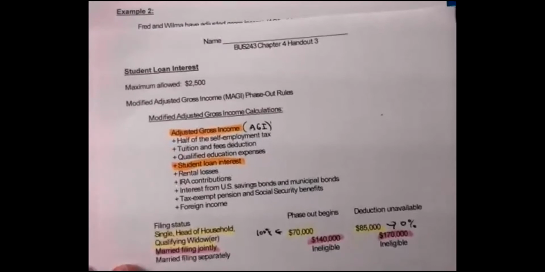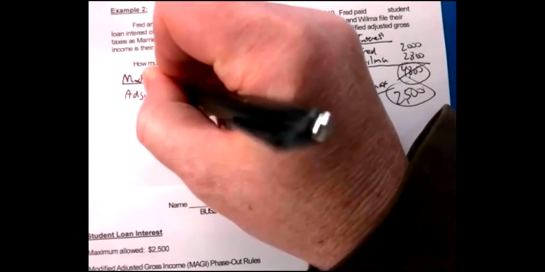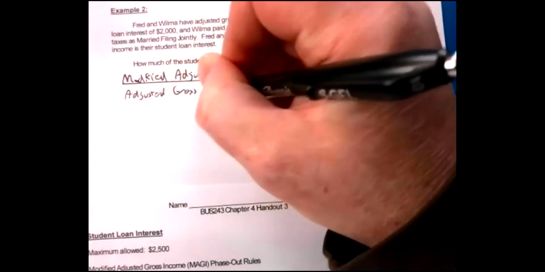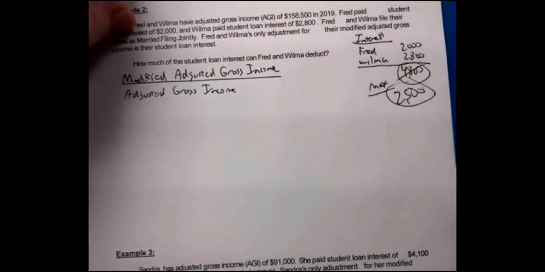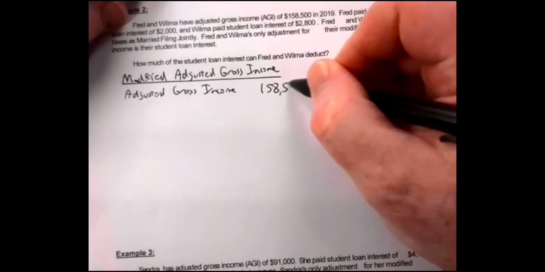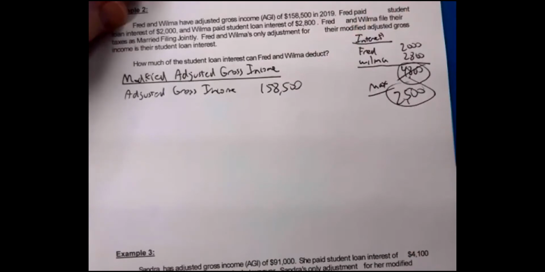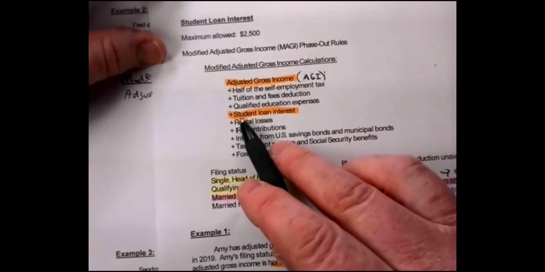We start out with, remember from back here, adjusted gross income. We're going to add back in student loan interest. When you're doing this calculation, you would always have this.